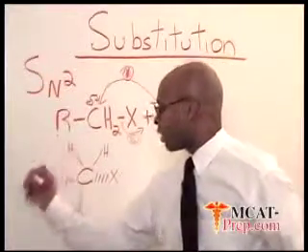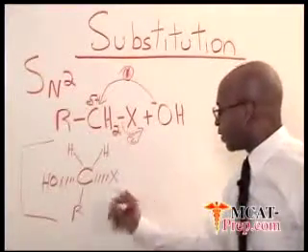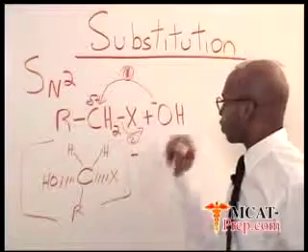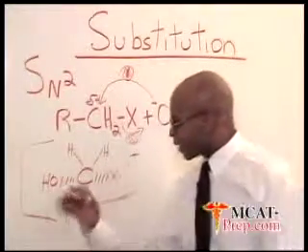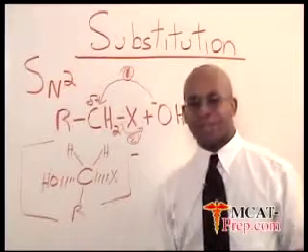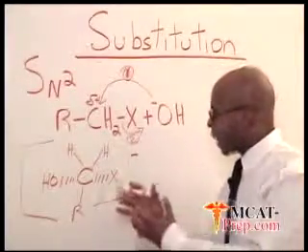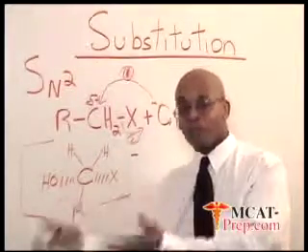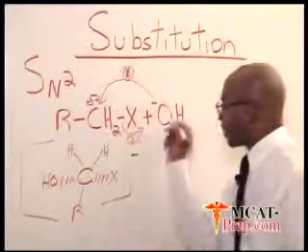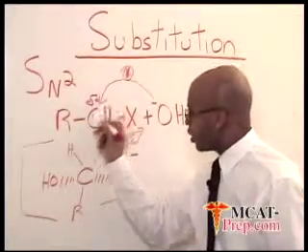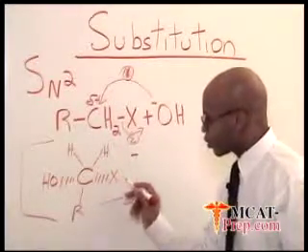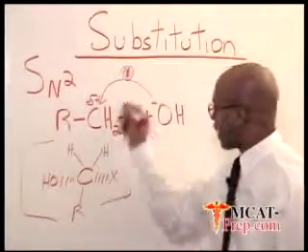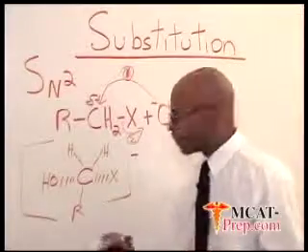So this compound here, as it's being written, which would be negatively charged because the OH minus group is coming in with its electrons, is called a transition state, meaning this is what we're going to see before the final product, because this is what's happening as the OH group is coming in, bonding, and breaking off the X group. So it's as if we're watching what happens here in slow motion.